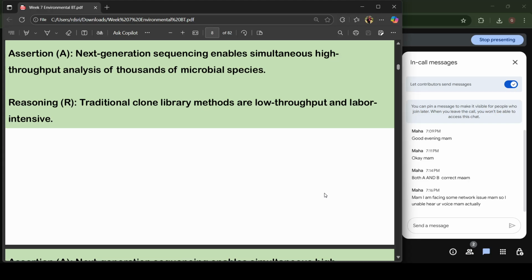So the traditional clone library methods are low throughput. They cannot process multiple samples simultaneously, and they are labor intensive. So here both the assertion and the reason are true.